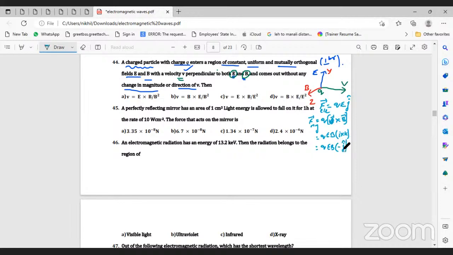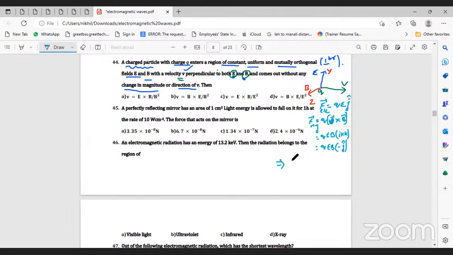Minus J cap. So you can notice electric force is acting along the y-axis, that is J. Magnetic force is acting along minus J, which means opposite to the y-axis.